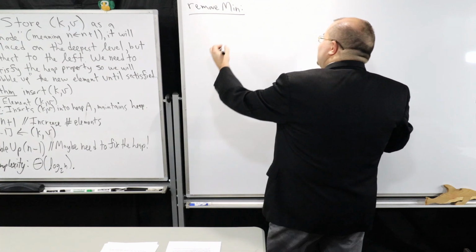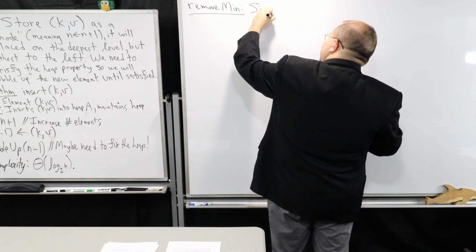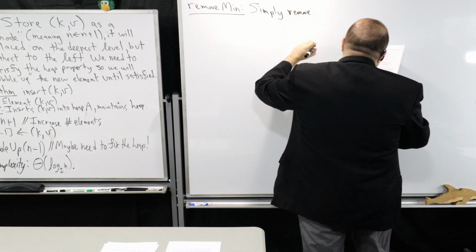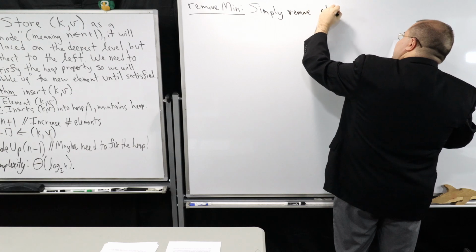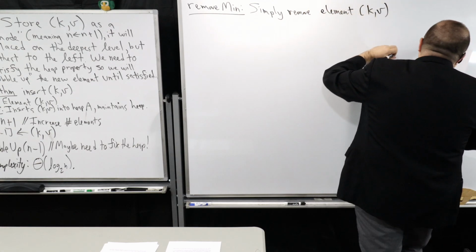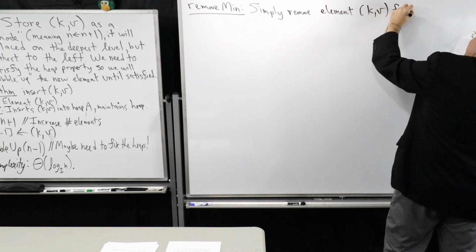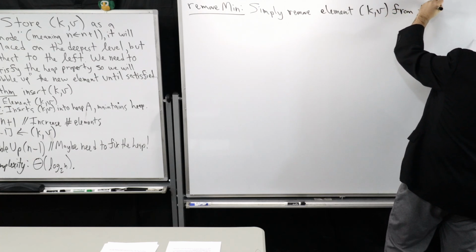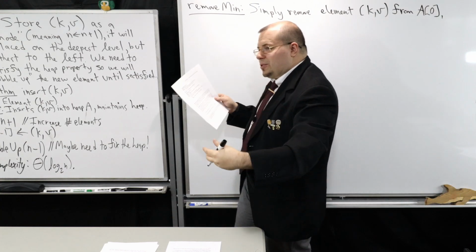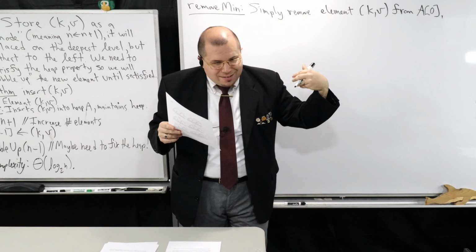So all we do is we simply remove element k, v from the first position, a sub 0. When you're done with this process, you return that.